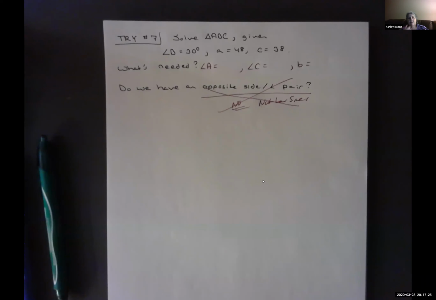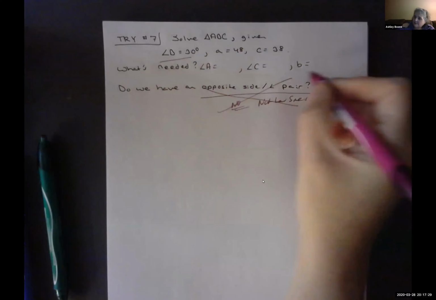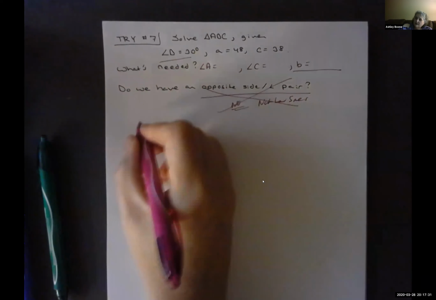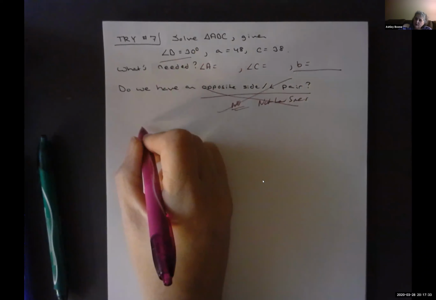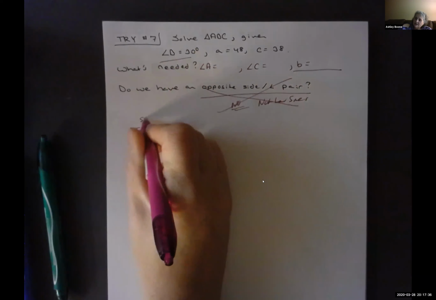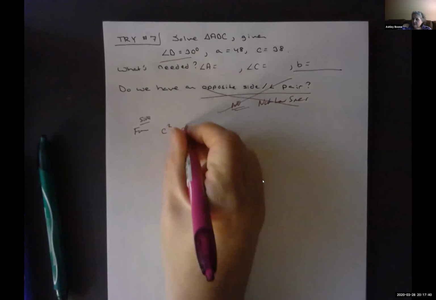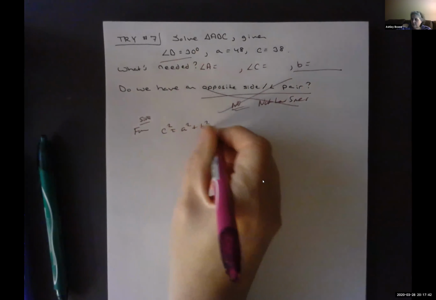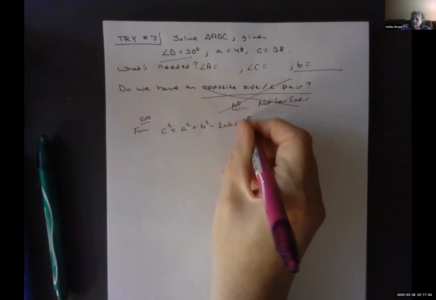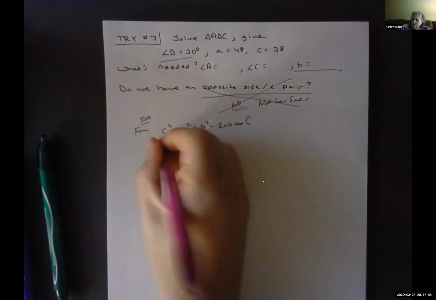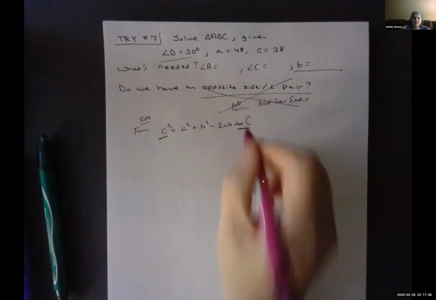And kind of like what we've had before, we do have angle B. I could get side B using law of cosines. Remember, the form of the law of cosines for a side is c squared equals a squared plus b squared minus 2ab cosine of c. The side involved here corresponds to the angle involved here.